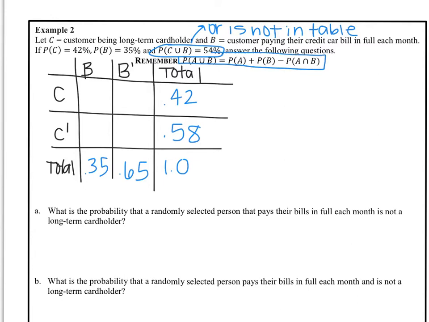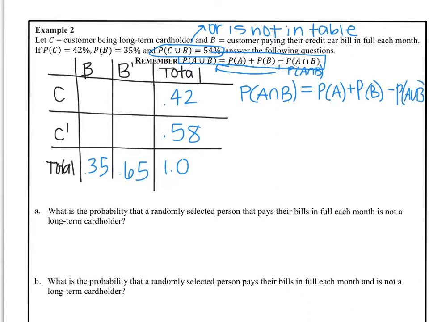But what we can do is switch up the and and the or and write it as, so if I added the P of A and B to the other side and switched them up, we can use the formula: probability of A and B is equal to the probability of A plus the probability of B minus the or. So I can write it like that and switch those two around.